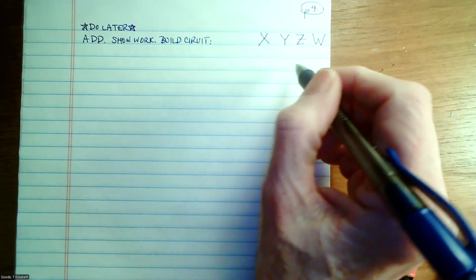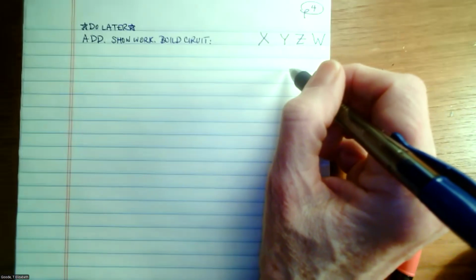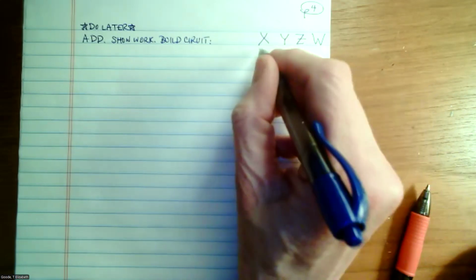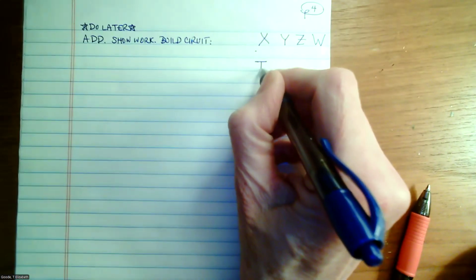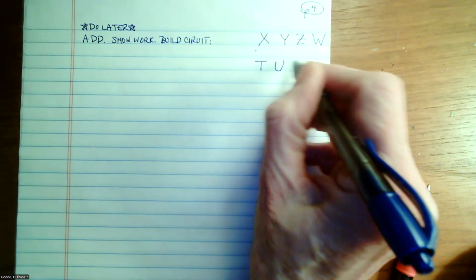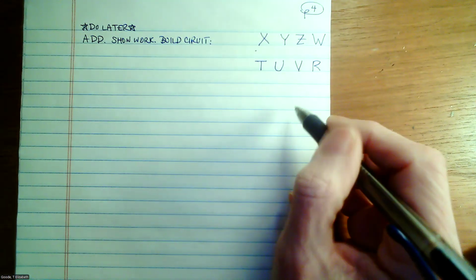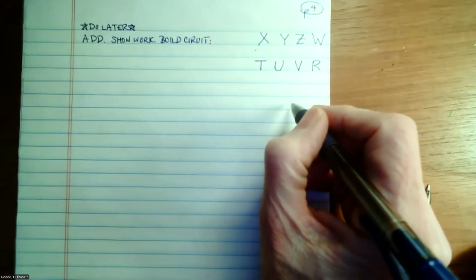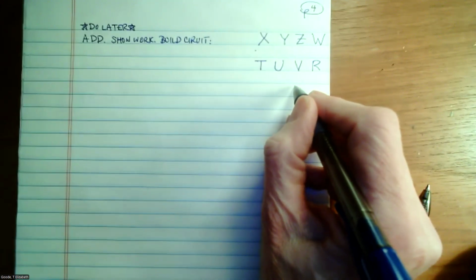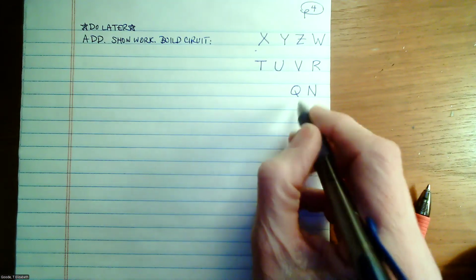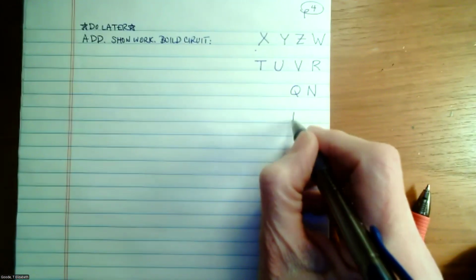The next row is T, U, V, R. So I'm going to skip a line in case I need room. All right, what's the next number? And then the next one is only 2 digits. It's Q, N. All right, and there was one more. It was P, M.